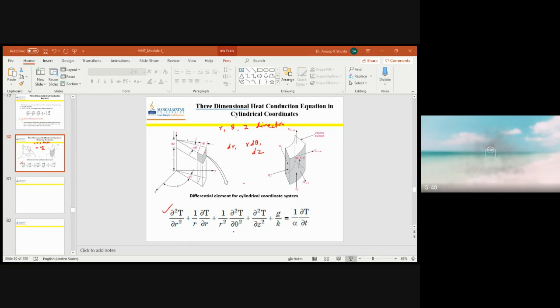Although in an actual case there is no perfect insulation, there will always be some loss of heat flux, we can assume this insulated boundary condition for simplifying the problem.